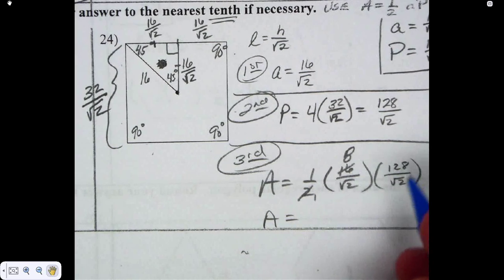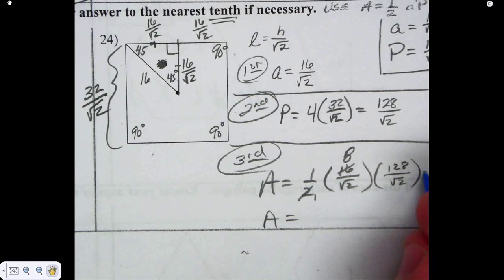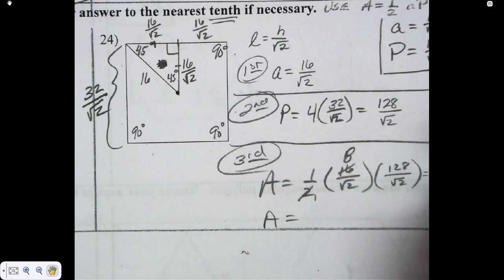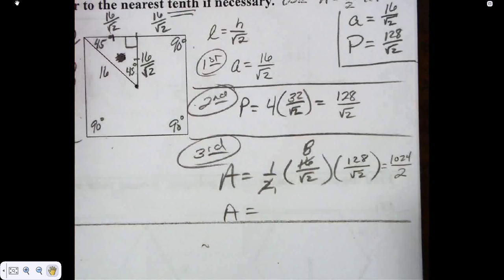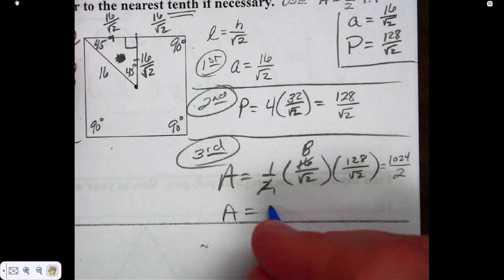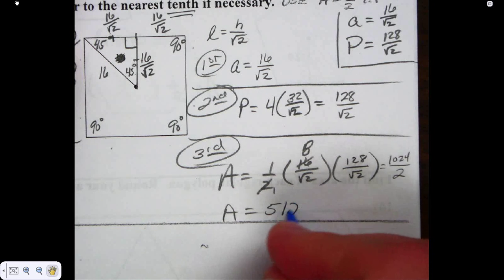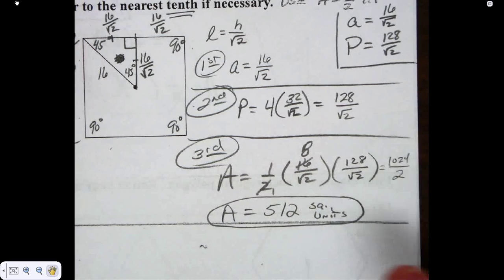Just out of curiosity, what's square root of 2 times square root of 2 going to be? 8 times 128. 1,024 divided by 2. 512. That's your answer.